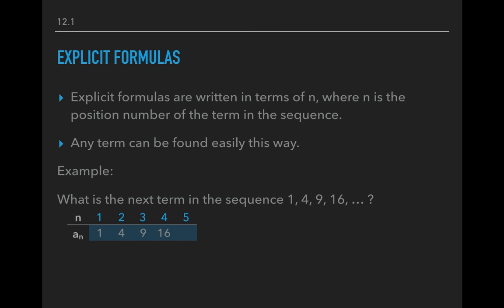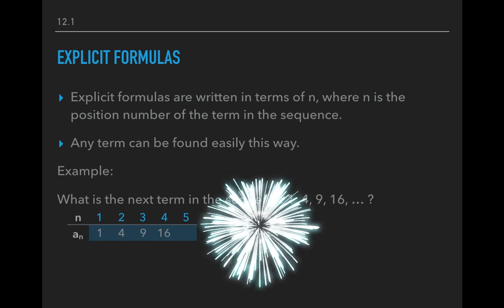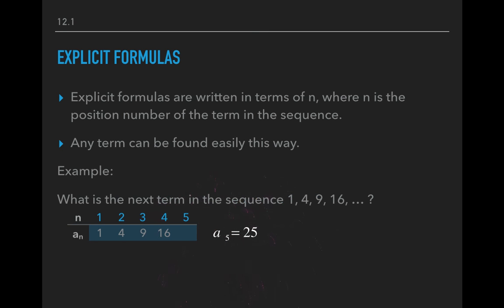So can we guess what happens next? What's happening each time? 1 giving you 1, 2 giving you 4, 3 giving you 9, 4 giving you 16. It seems as though we're taking the position and squaring it, so the fifth position, it would make sense to be 25.